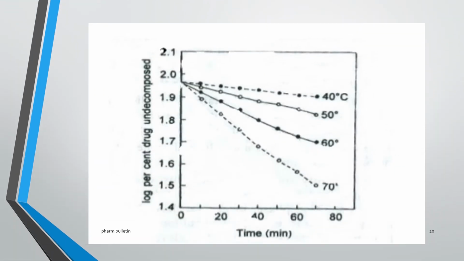This graph shows you the different elevated temperatures. The straight line passing through the different elevated temperatures gives the K value. From that K value we get the log K value, and you can apply it to the equation to get the shelf life of a product.